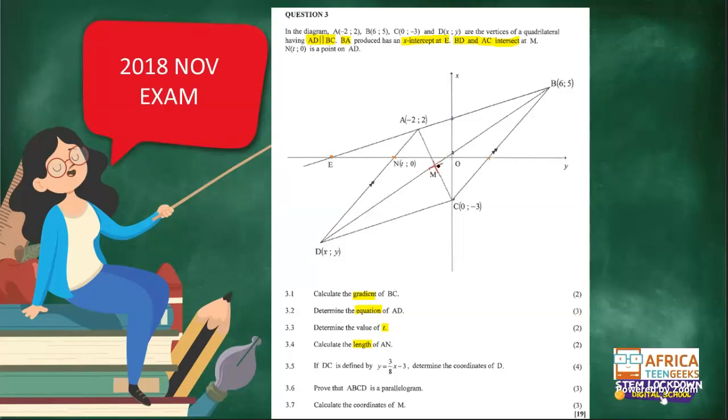Okay, so we have two lines intersecting at point M, which simply means that we can equate their equations.